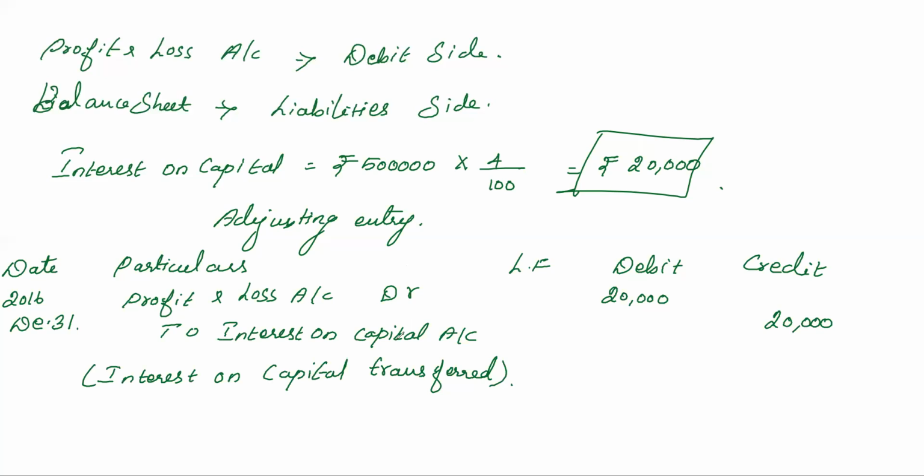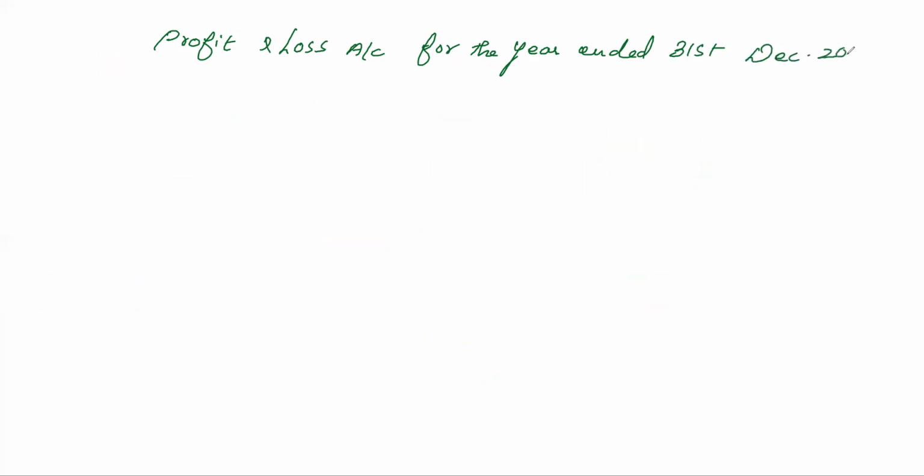Next, what will come in the profit and loss account? On the debit side: interest on capital account. Profit and loss account for the year ended 31st December 2016, particulars, amount.